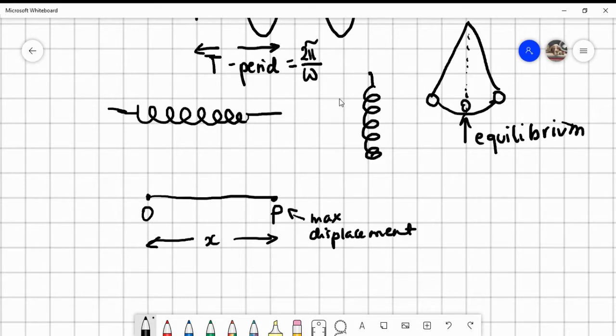To describe the journey of the particle, imagine the positive direction is towards P. Then the acceleration is always negative, directed towards O. That acceleration, I called it K before, but it could be omega squared x. Because it's negative, it's directed towards O.